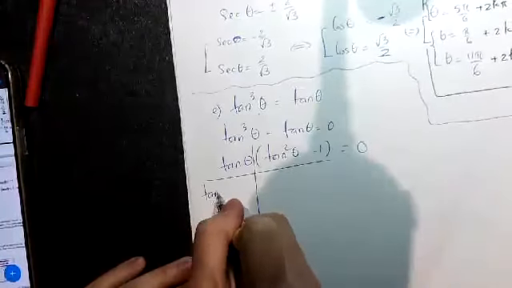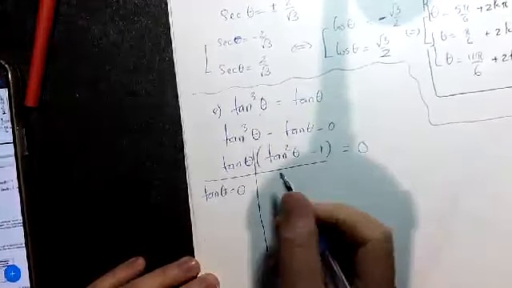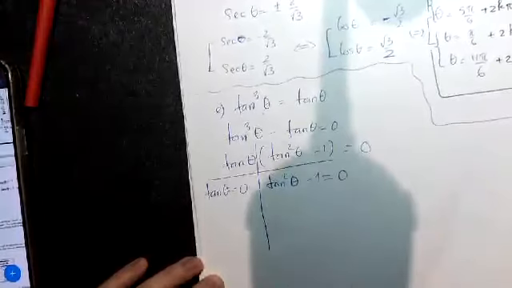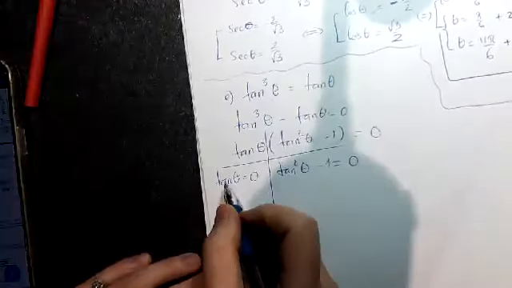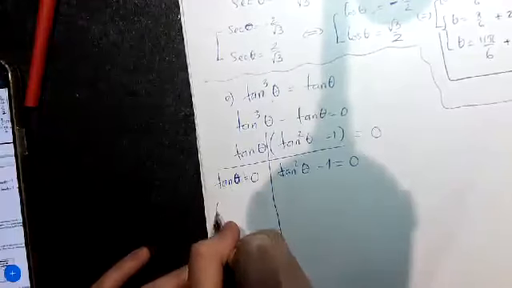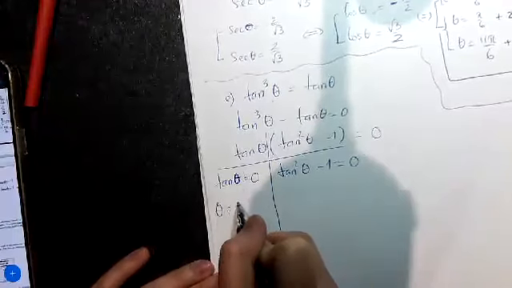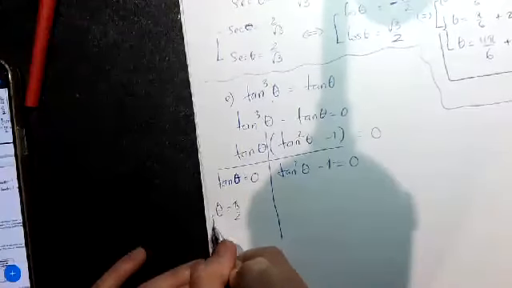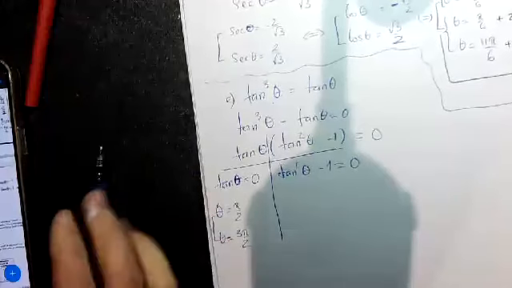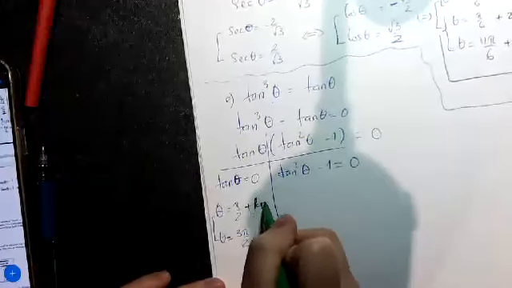So that means tangent theta equals 0, or tangent squared theta minus 1 equals 0. First, we talked about this before. Tangent is 0 when theta is 0 or theta equals pi, and all you do is add pi n.